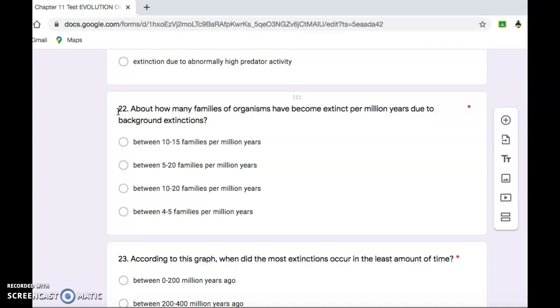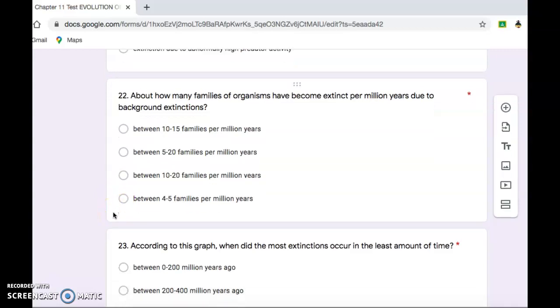About how many families of organisms have become extinct per million years due to background extinctions? Between 10 to 15 families per million years? Between 5 to 20 families per million years? Between 10 to 20 families per million years? Or between 4 to 5 families per million years?